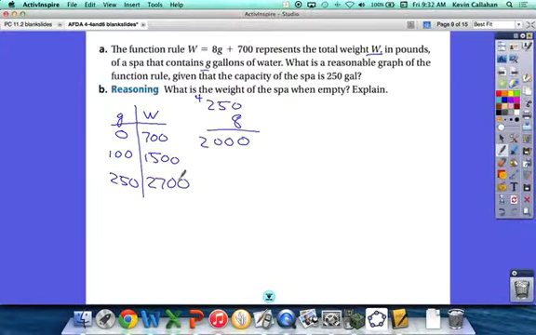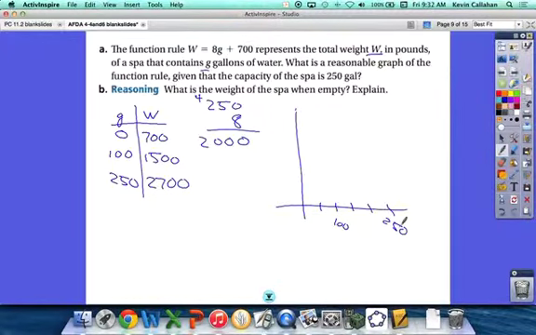Okay, so if I was going to graph that, are these evenly spaced numbers? No. I mean, if it's 0 to 100 and was evenly spaced, the next would be 200, and it's 250. So you might want to be careful as you do this. I'm going to make my tick marks every 50, and that'll make them evenly spaced. Here's 100. Here's 250.